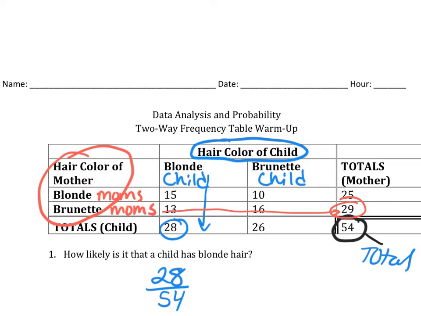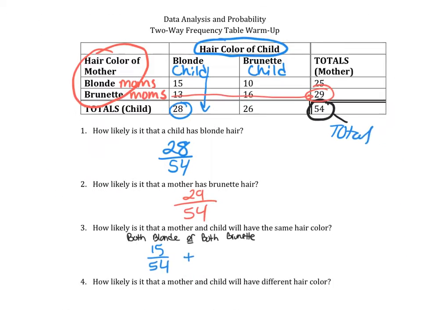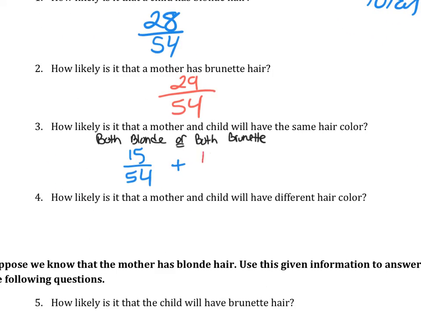So brunette moms and brunette children, where they overlap, is at 16. So there's 16 that are both brunette. Then you would add those together, so 31 over 54. Okay. Any questions on that one?